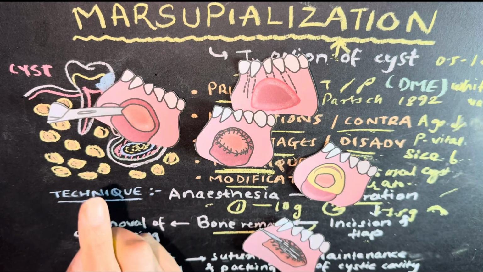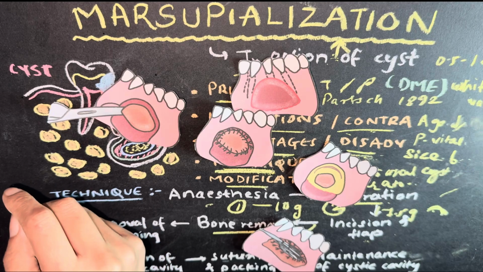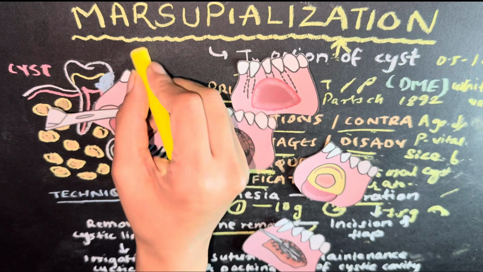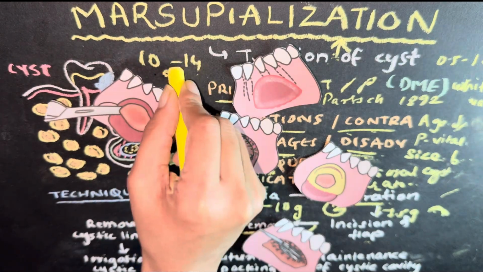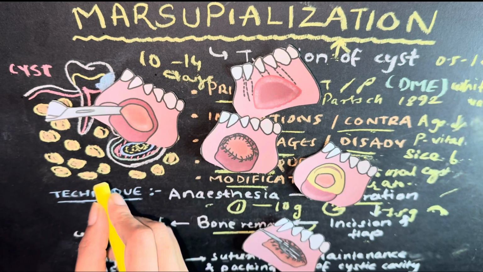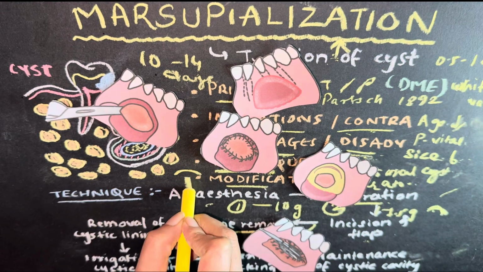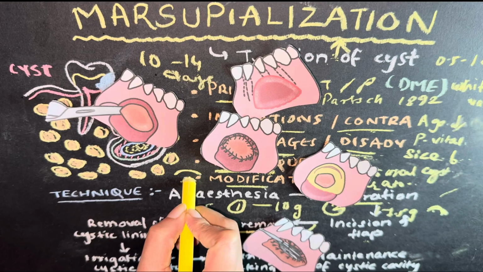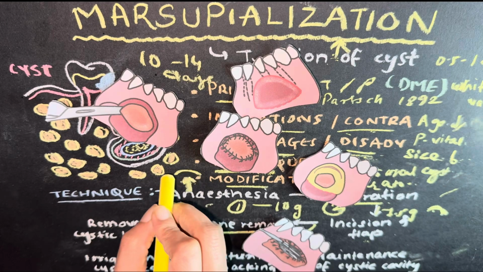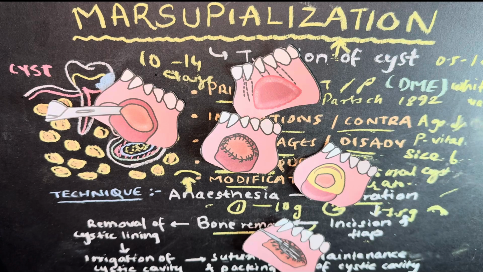Now the pack is usually secured with sutures. This pack is left for 10 to 14 days. After that, the junction between the lining of the cyst and the oral mucosa around the periphery of the window will be healed. Maintaining the cystic cavity is very important.